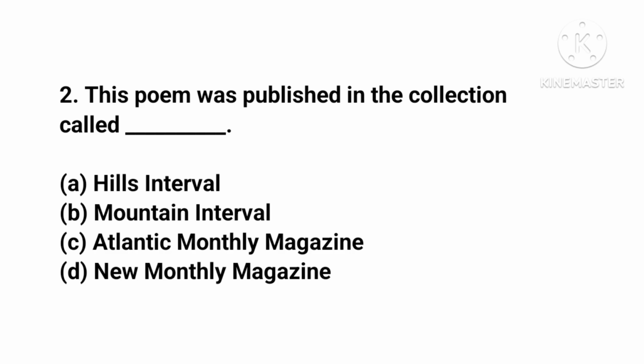Now number 2. This poem was published in the collection called dash. Option A, Hills Interval. Option B, Mountain Interval. Option C, Atlantic Monthly Magazine. Or option D, New Monthly Magazine.